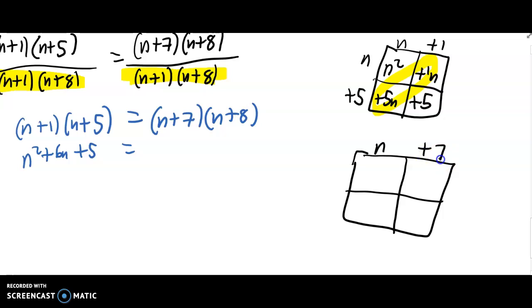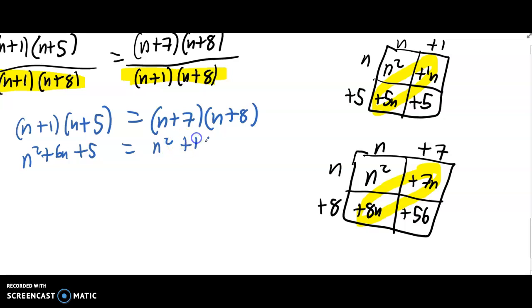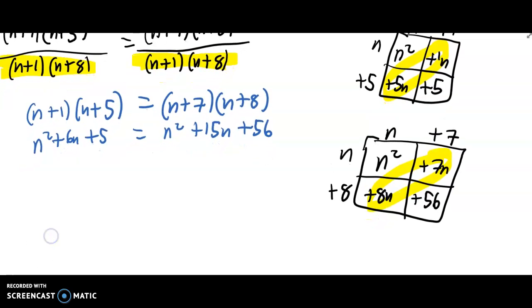We got n plus 7, n plus 8. Remember, these will add together. So I've got n squared plus 15n plus 56. I'm going to move things over to the right-hand side. So if we take this away, these all cancel.